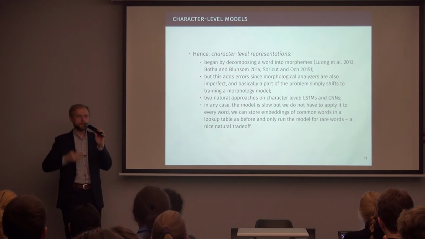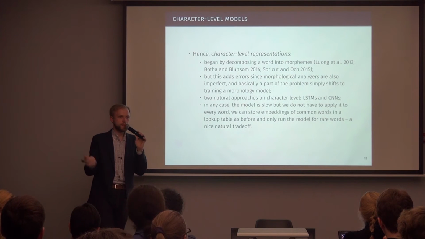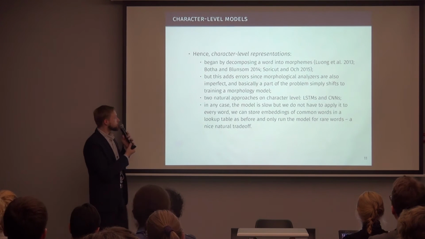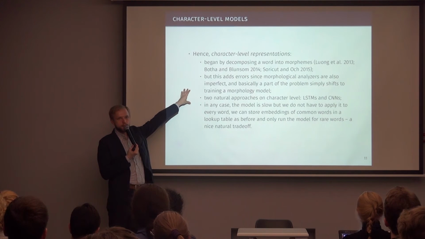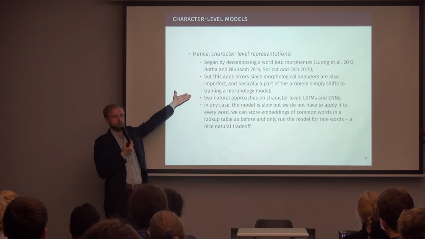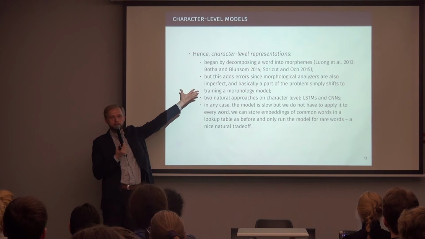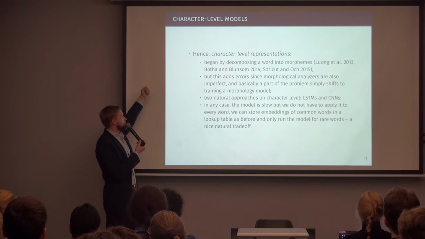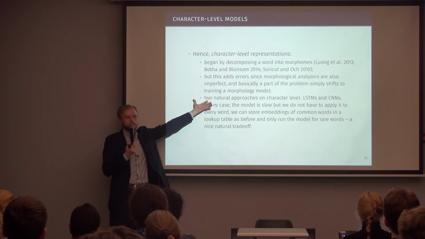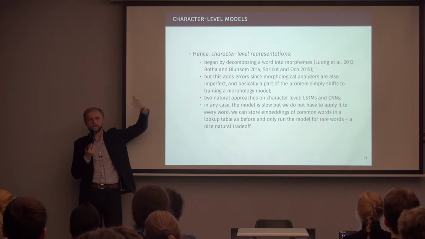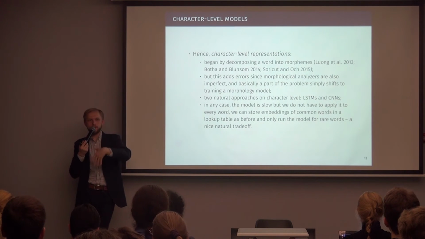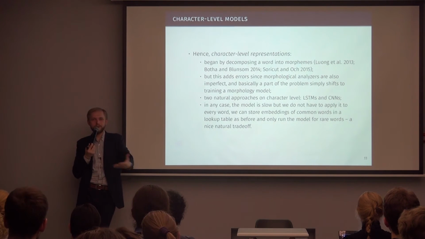The linguists have lists of endings and suffixes and prefixes, etc. But again, this adds new errors because you have to have a morphological analyzer somewhere in the loop, and of course it is imperfect, as everything is. And basically, we just shift the problem from training the character-level model to training a good morphology model, but the problem is still there.